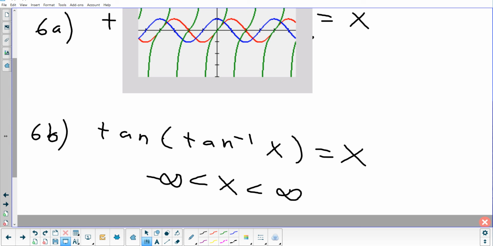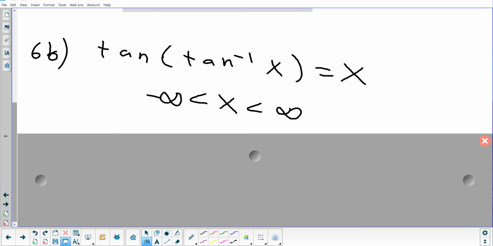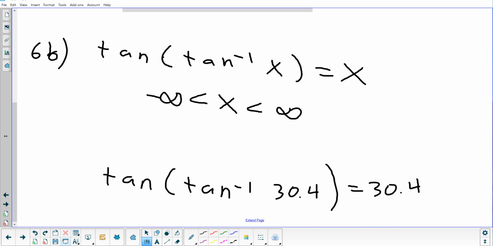Always works. All right, let's try one of those. If I did the tangent of the inverse tangent of 30.4, would I get 30.4? Allie? Yes. Yes, because 30.4 is definitely between negative infinity and infinity. It's definitely going to work.